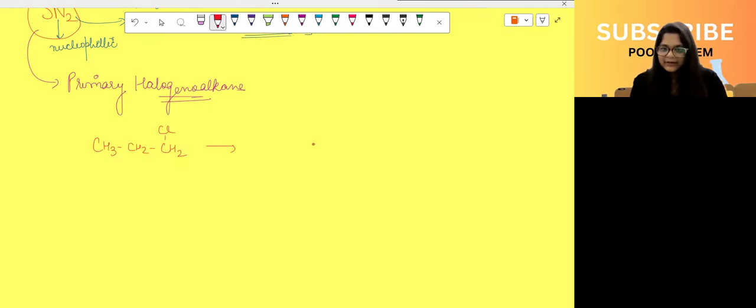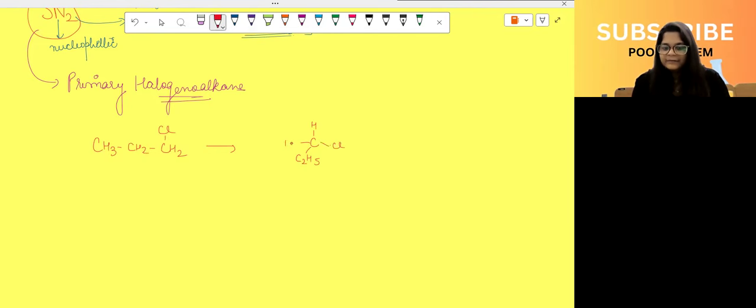So I have this carbon attached to two hydrogens. Then it is further attached to the CH3CH2, C2H5. And I will keep this chlorine on the right hand side or on the left hand side. So let's keep it on the right hand side.